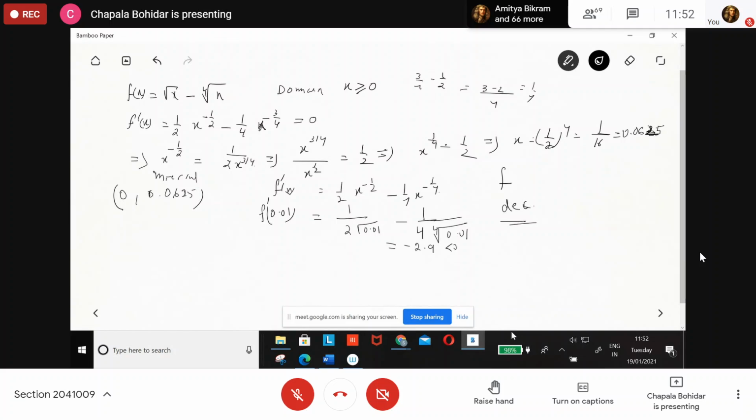Then over the interval 0.0625 to infinity, consider any point here. So I am considering here 1. So f dash of 1, what do you get?